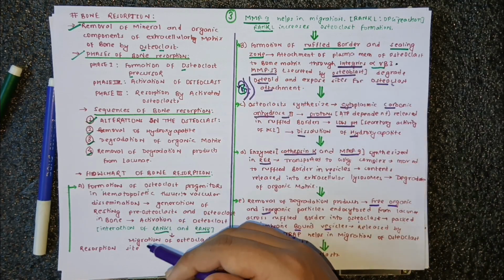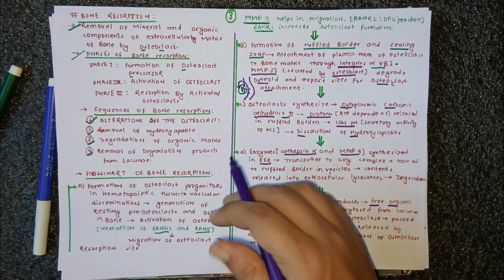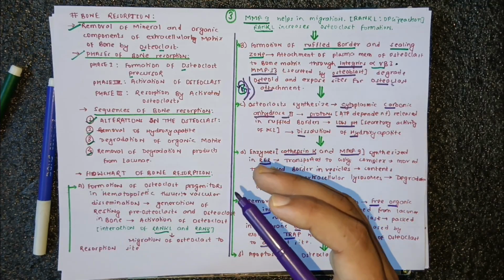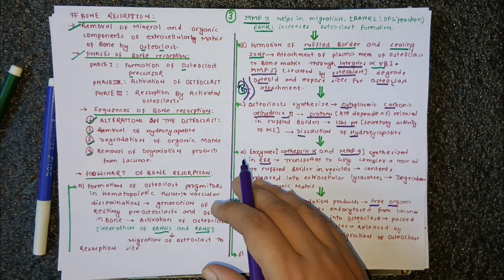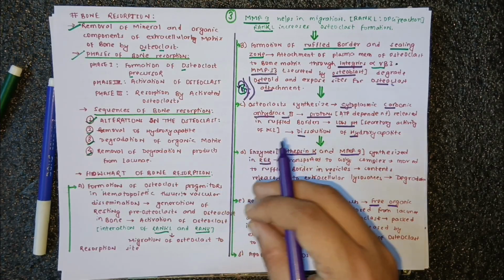After that, the osteoclast synthesizes cytoplasmic carbonic anhydrase, which is responsible for secretion of protons at that site that makes the environment acidic, and the acidic environment causes dissolution of the hydroxyapatite crystals, the inorganic content.